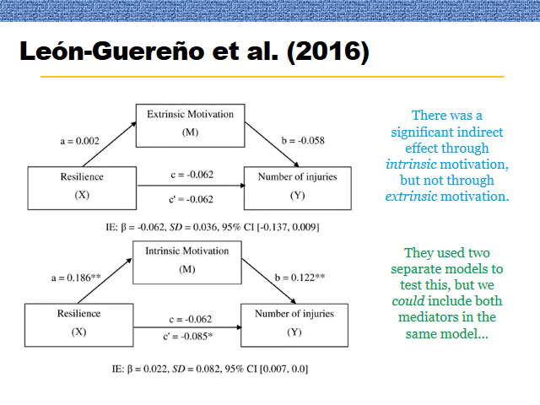We call that parallel mediation, and that's what we'll talk about next week. What that will allow us to do is look at the multiple reasons why two variables are related and make inferences as to whether some of those reasons are stronger than others.